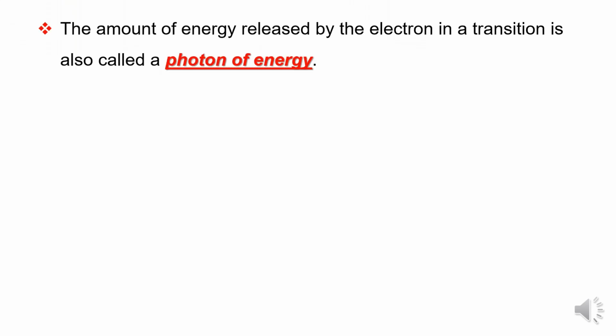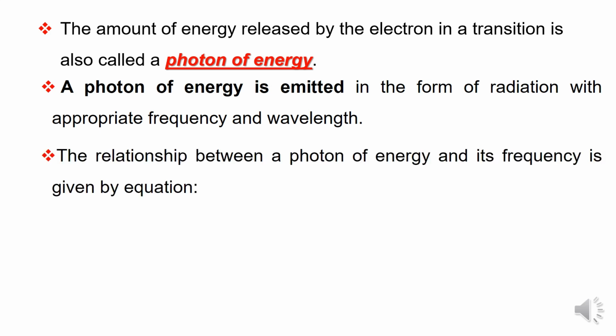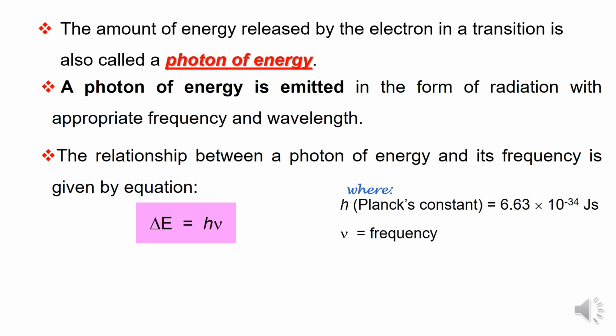The amount of energy released by the electron in a transition is also called a photon of energy. A photon of energy is emitted in the form of radiation with appropriate frequency and wavelength. The relationship between a photon of energy and its frequency is given by the equation delta E equals h nu. h is Planck's constant with the value of 6.63 times 10 to the power of negative 34 joule second, and nu is frequency.